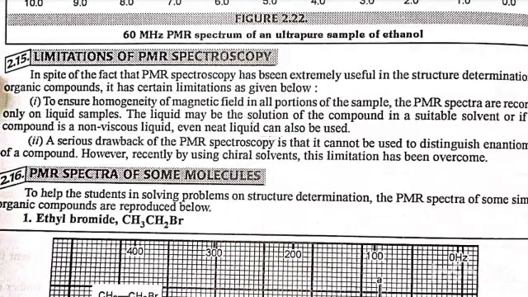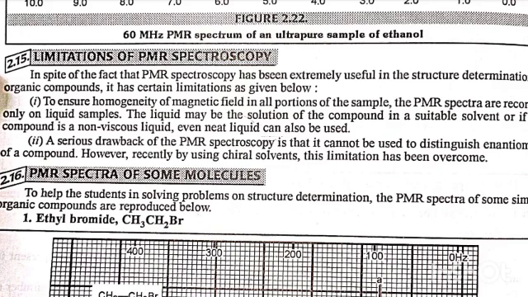Limitation of PMR spectroscopy. In spite of the fact that PMR spectroscopy has been extremely useful in the structure determination of organic compounds, it has certain limitations, as given below. To ensure homogeneity of the magnetic field in all portions of the sample, the PMR spectra are recorded only on liquid samples.